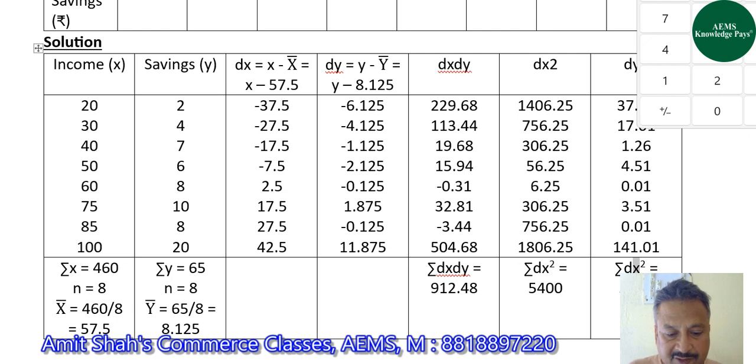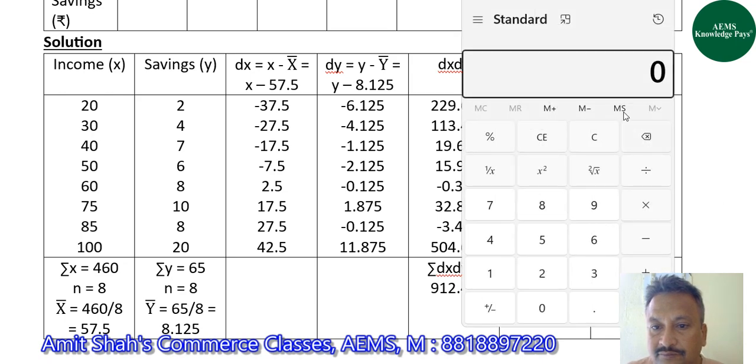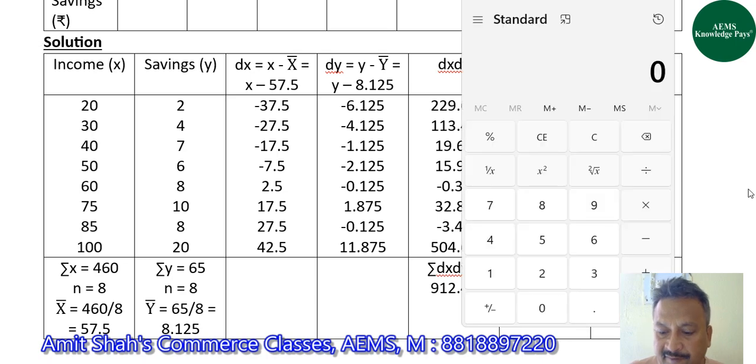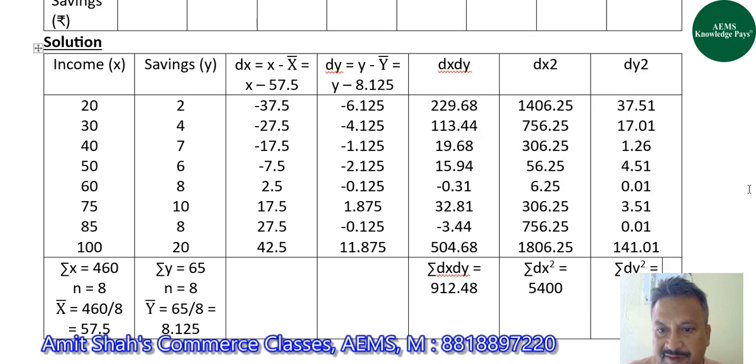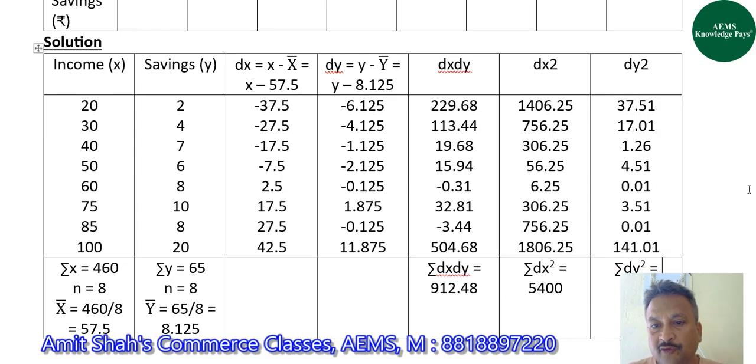And summation dy square is 37.51 plus 17.01 plus 1.26 plus 4.51 plus 0.01 plus 3.51 plus 0.01 plus 141.01, that is 204.83.